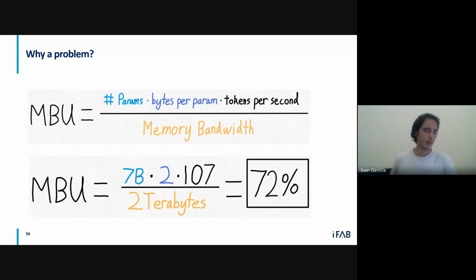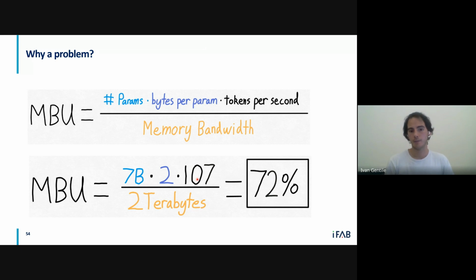It is given by this formula: number of parameters times the bytes per parameter. So this is how much the parameter weighs in memory, times tokens per second, over the memory bandwidth of our particular GPU. And he does this computation where he trains with an A100 Llama 70B. By default, the parameters are stored in FP16, floating point 16, which means 16 bits, 2 bytes. So we have that 2 in here.